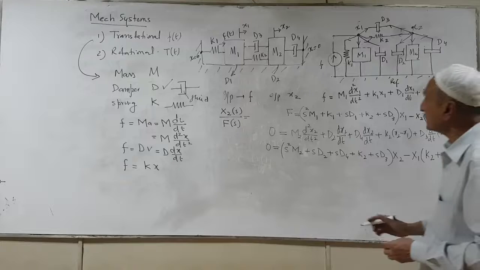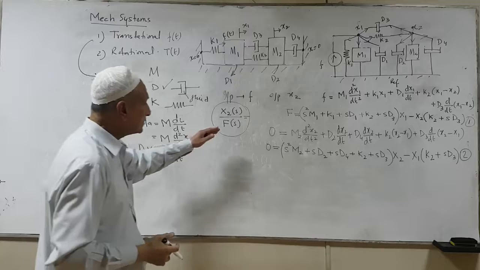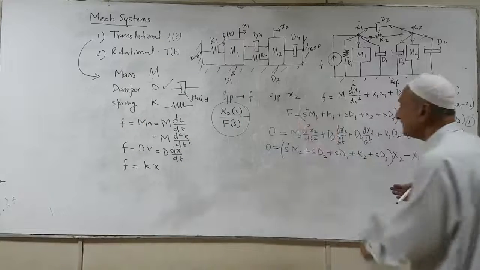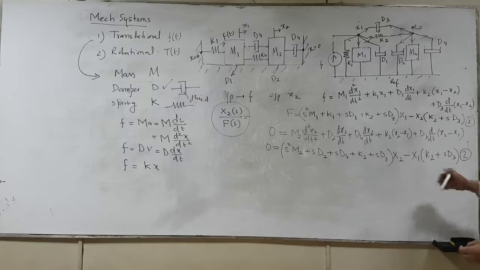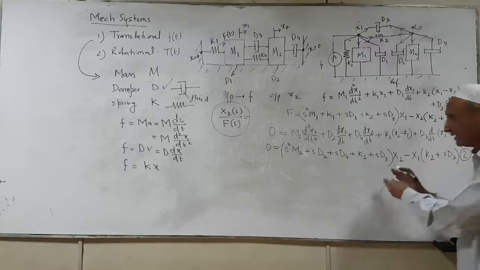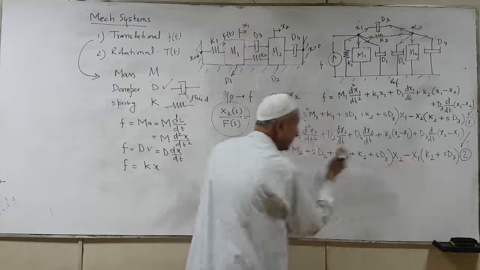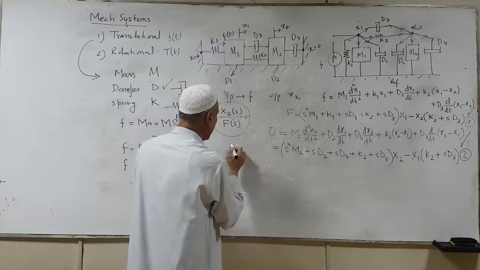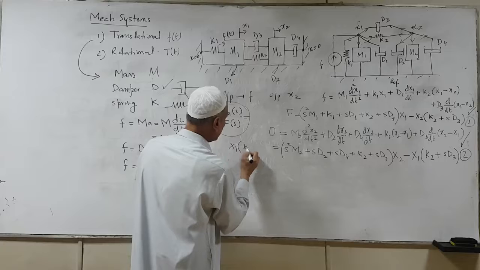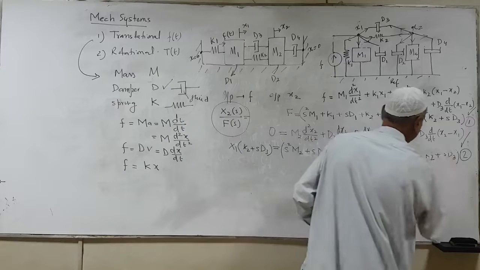Now since our transfer function should be in this form, what we want to do over here is to eliminate x1 between the two equations, that is equation 1 and equation 2. Eliminate x1 from this equation. If you transfer that to the other side, we will have x1 k2 plus s d3. So this term disappears.